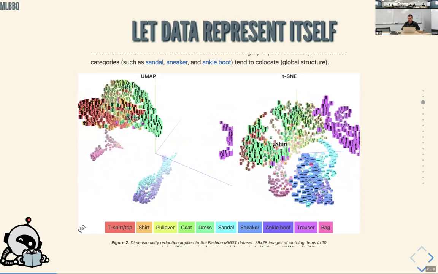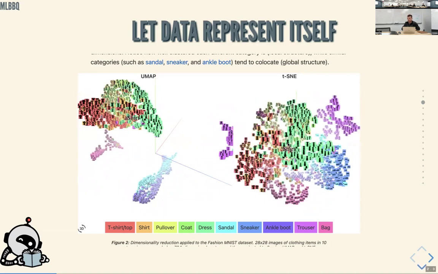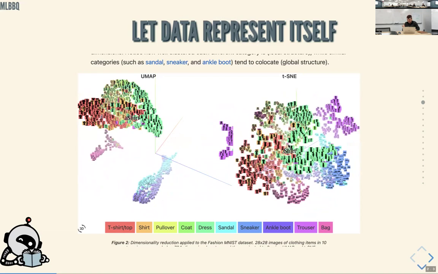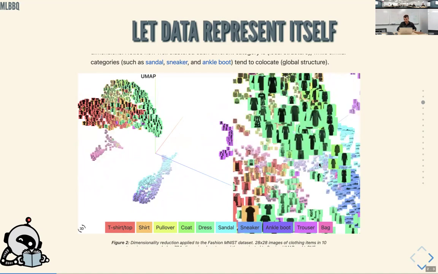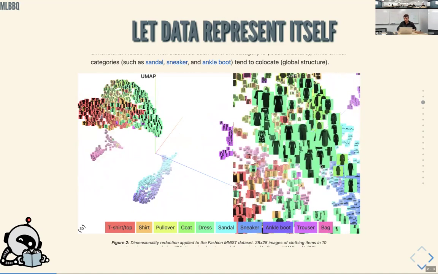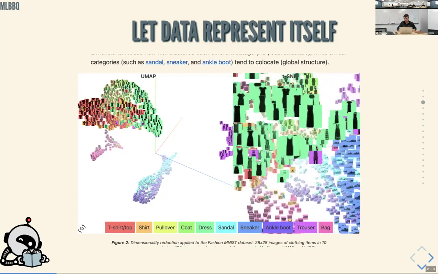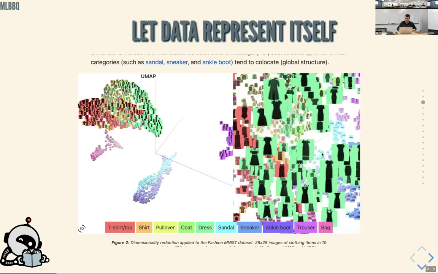And we're looking at UMAP and t-SNE three-dimensional embedding. This is not a neural network. This is not doing any fancy search, training, adjustments, mappings. It tries to represent the data as it is in a high-dimensional space in a low-dimensional, three-dimensional space. And what we see, so for example, the dresses, right?